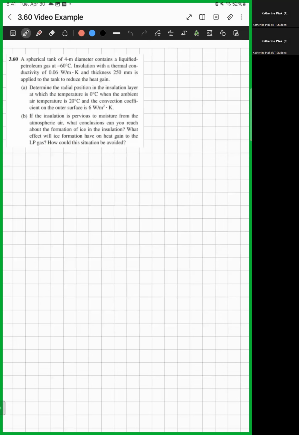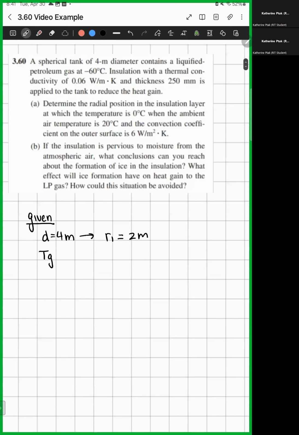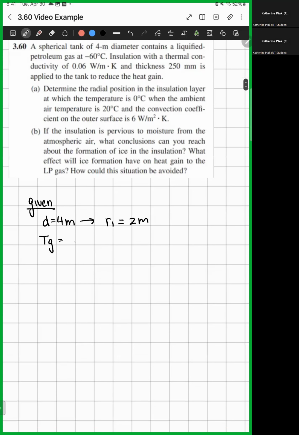Right, so we're just going to start by going through the givens. So first we have the diameter equals 4 meters. And if you take that, we'll do radius 1 equals 2 meters. We'll assign the radius numbers later in the image. We have Tg, which is temperature of the gas, equals negative 60 degrees Celsius.